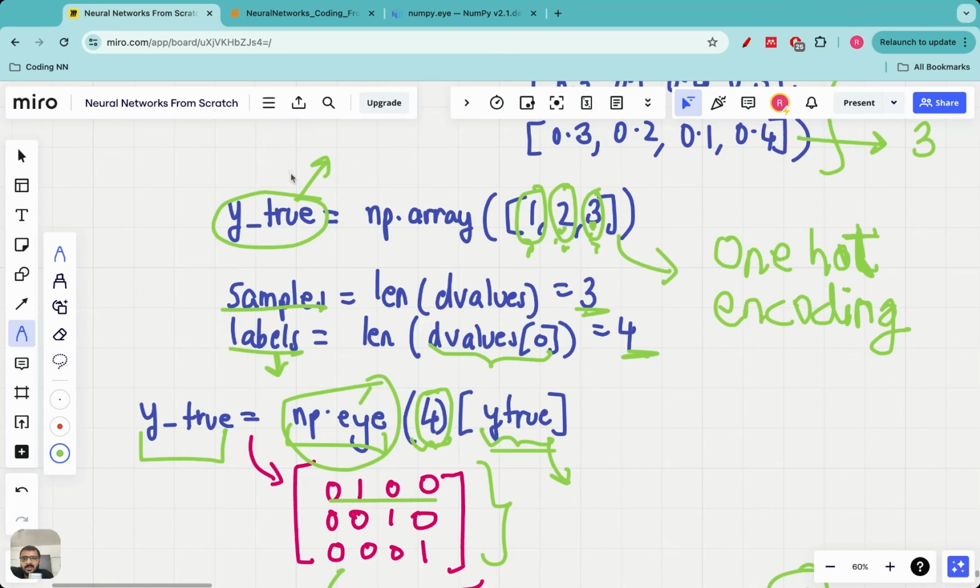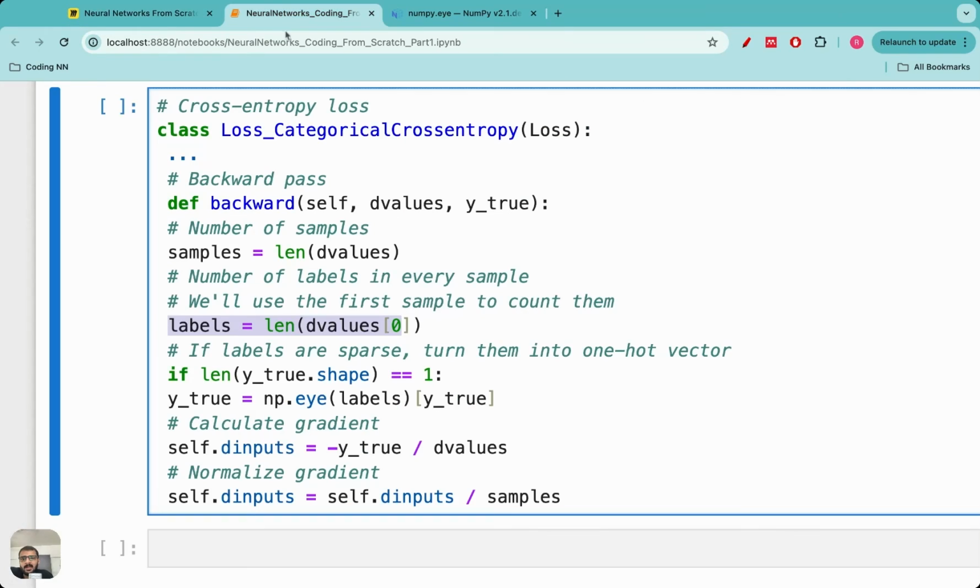So if the length of the shape of y true is equal to 1, it means that y true is just equal to numbers. Then we will convert it into a one hot encoded format using the np.eye command which we just saw. If the length of y true dot shape is 2, it means that it's already in a vectorized format, or it's already a matrix. So we don't need to convert it into a one hot encoded format.